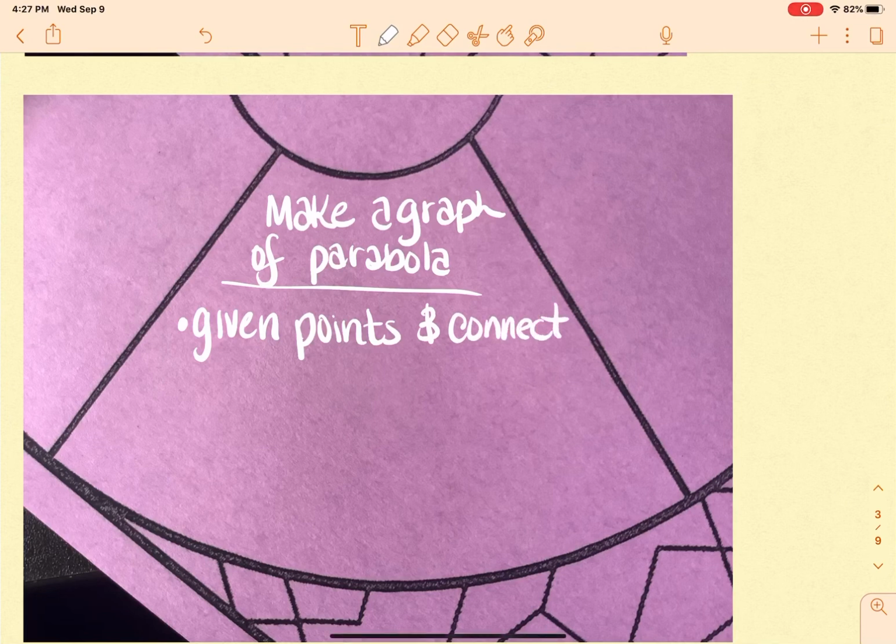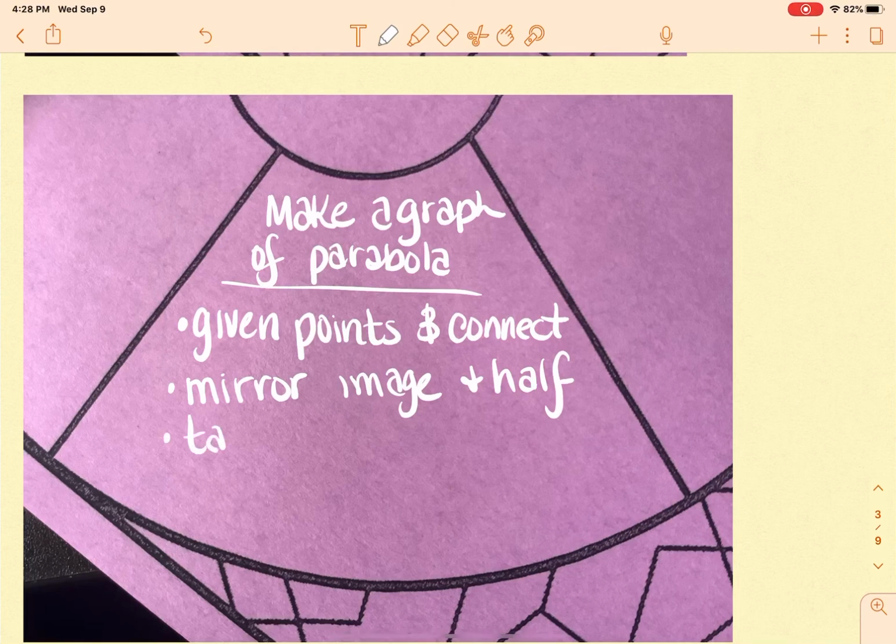So sometimes they'll just give you the points and away you go. Sometimes you'll get half the graph and you can use the mirror image to get the other. Sometimes they'll give you a table or you'll have to make one. Sometimes they'll give you an equation and you'll have to find some points to do it. And that's where we're going to spend the majority of our time next time.